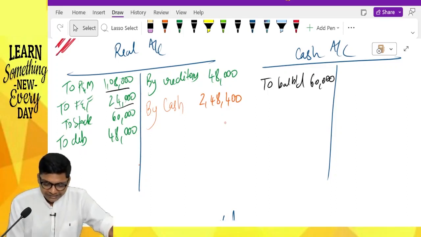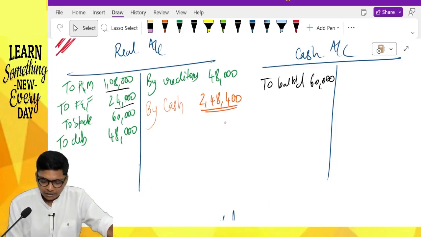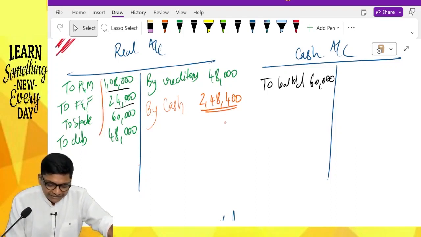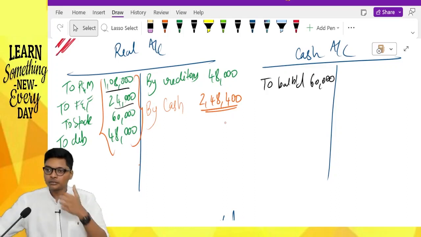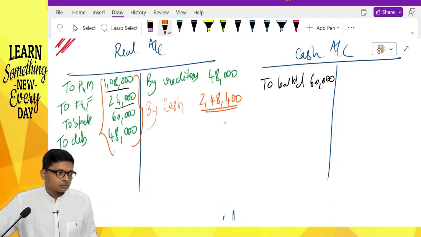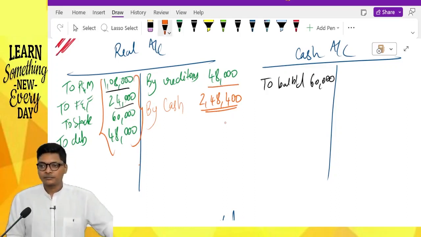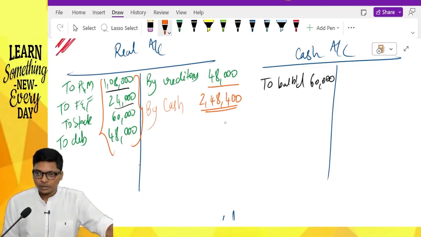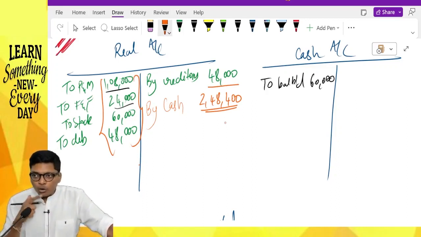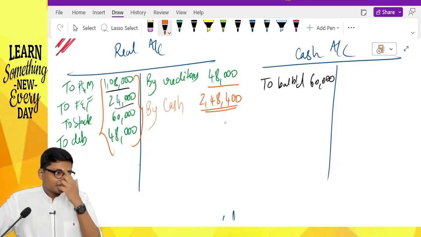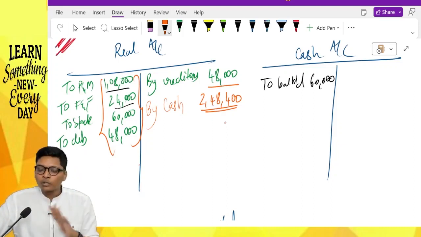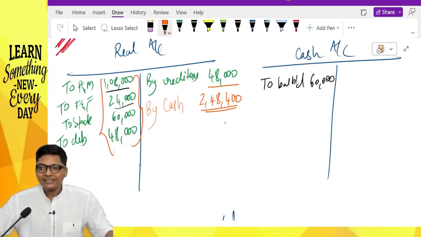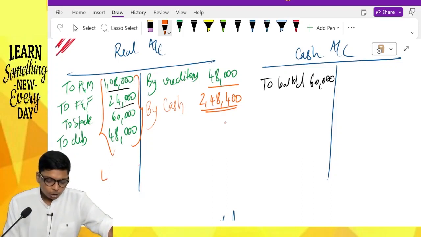So this cash of 2,48,400 represents the settlement of this. Correct? What is yet to be settled? Creditors. Can I leave it like that? If you don't do settlement, in some questions they will not talk about creditors. If you leave it as it is, look at the net impact. You have a profit of.